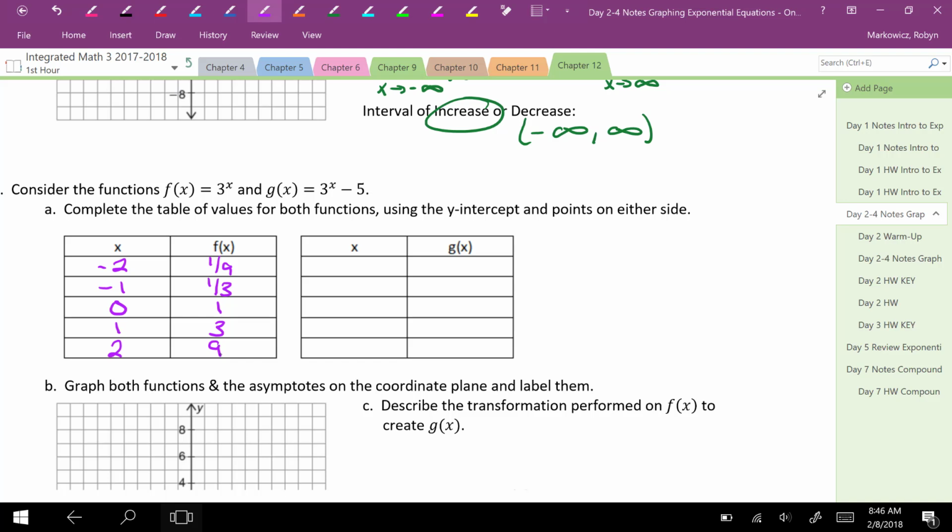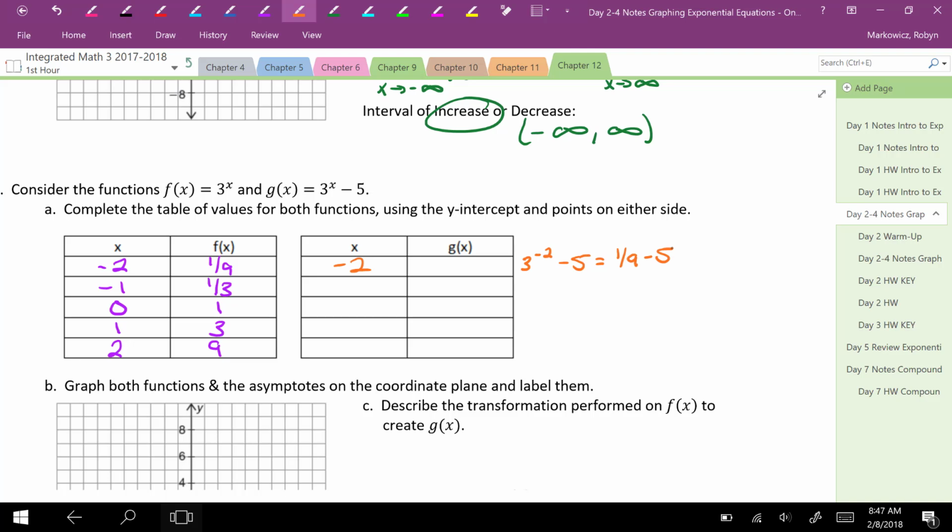Evan, you want to do -2? All right, so if we do -2 here, we have 3 to the -2, -5. What is 3 to the -2? 1/9, right? 1/9 - 5. Well, let me ask you this. What is 5 minus 1/9?